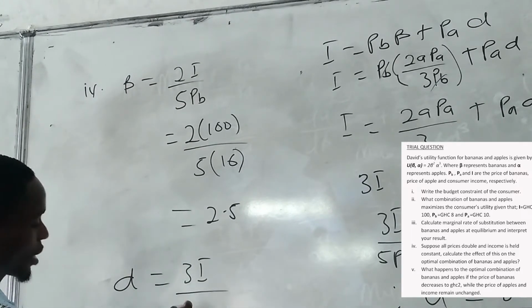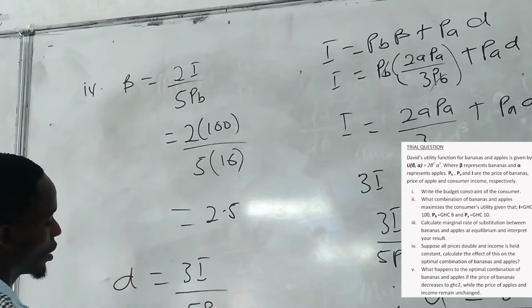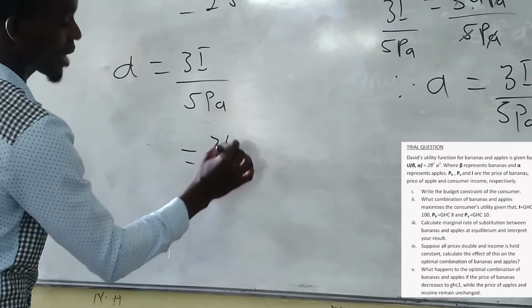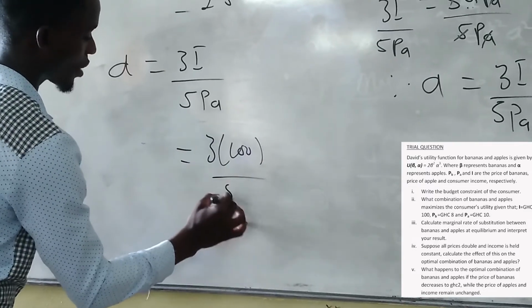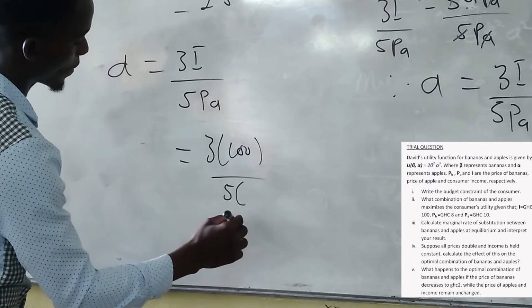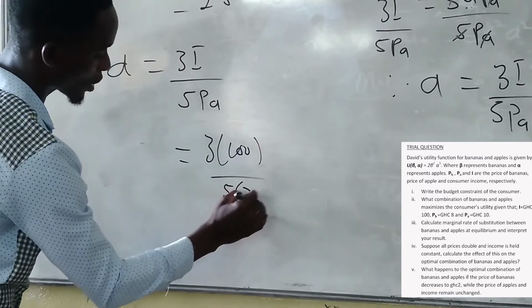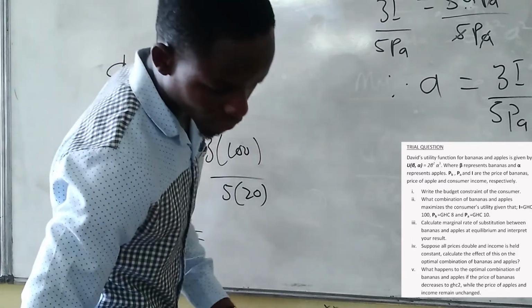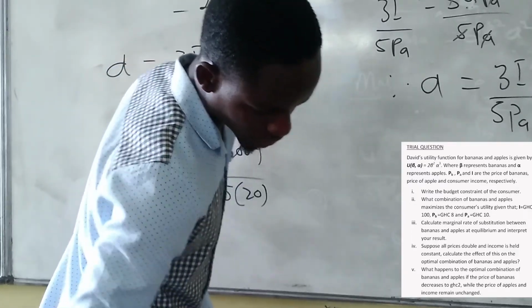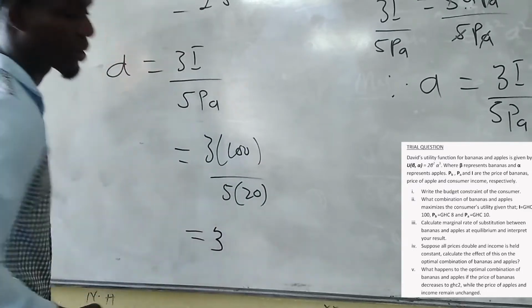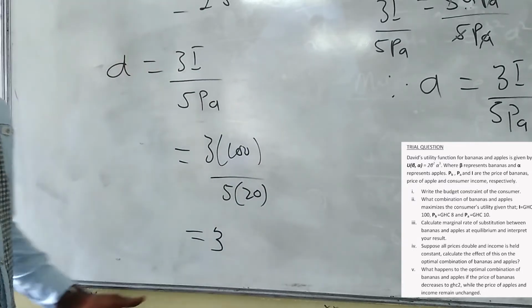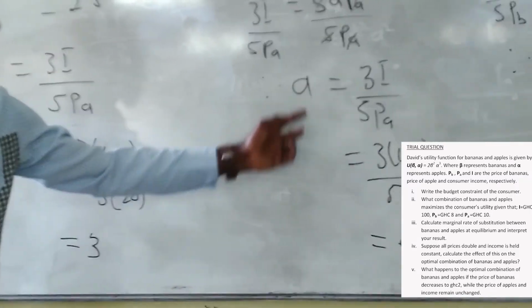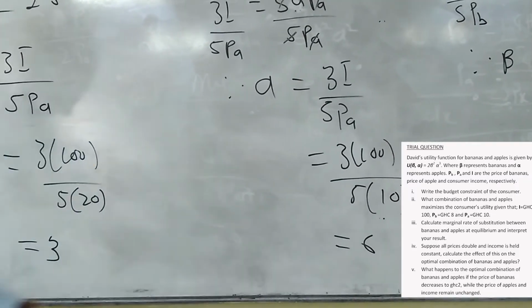Okay. So let me just clean this too. So, IV, we know our demand function for alpha, we know our demand function for beta. So here, beta now is equal to 2 income over 5 price of beta.